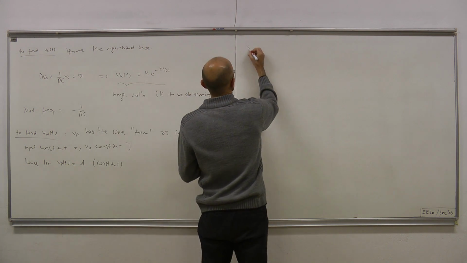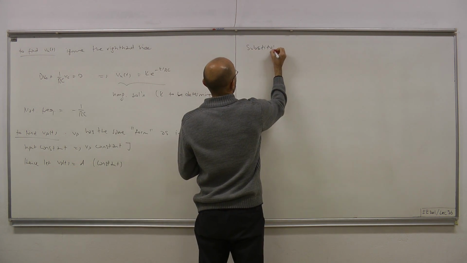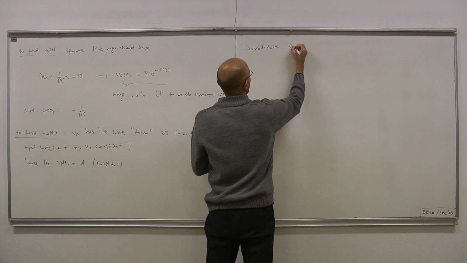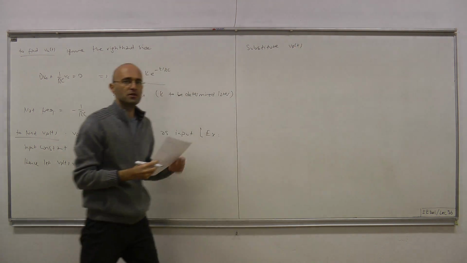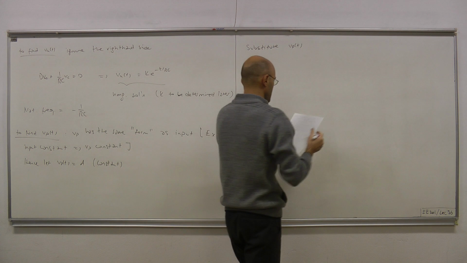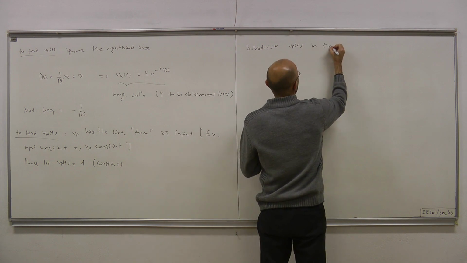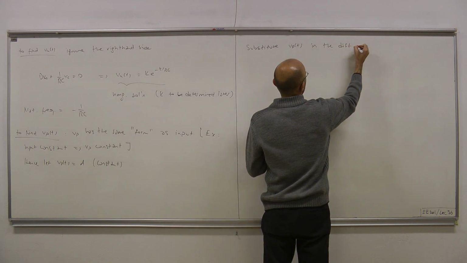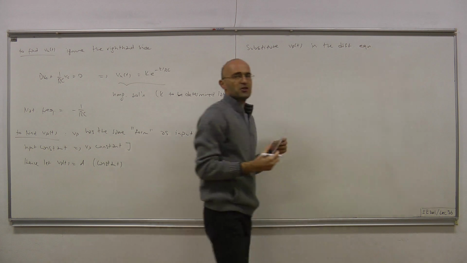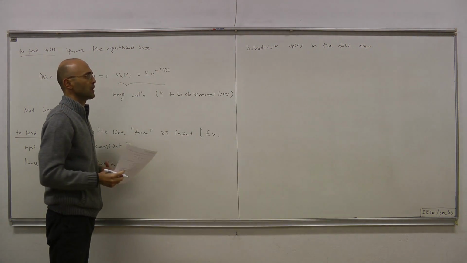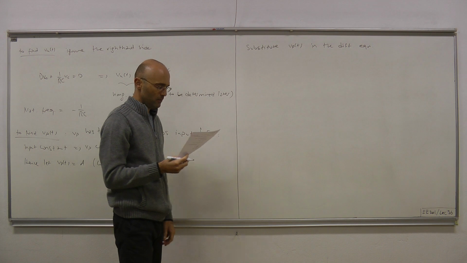Now substitute your particular solution candidate, VP(t), in the differential equation that describes the evolution of the capacitor voltage, or whatever your formulation variable is.